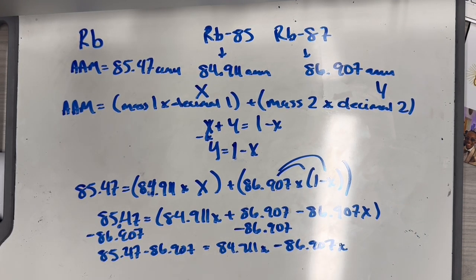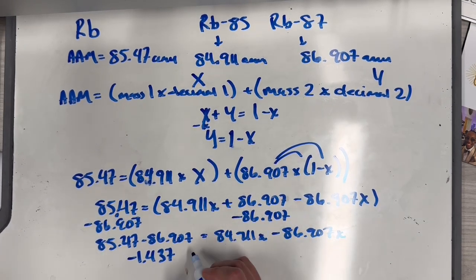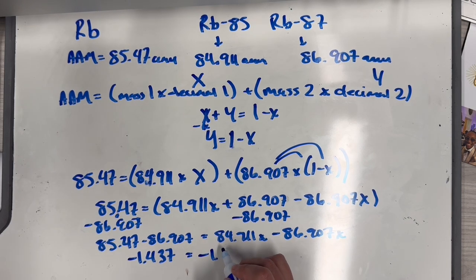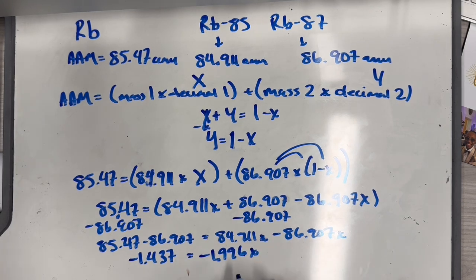And when I combine these two, if I plug them into a calculator, I would get negative 1.437. And then if I combine those two things, that's equal to negative 1.996x. So how could I solve for x?